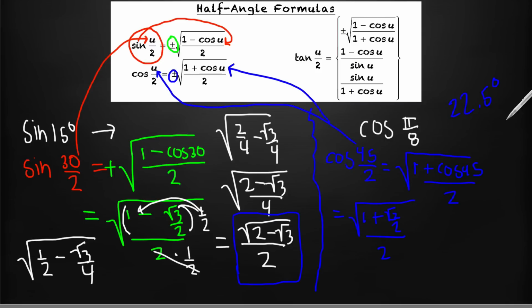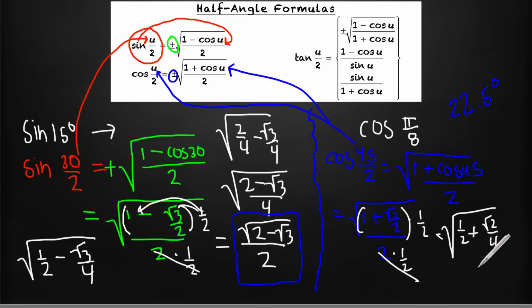And once again, we're going to multiply by 1/2, top and bottom. And you can see where this is going. So you distribute the 1/2 in here, and you will get 1/2. This is going to cancel, plus root 2 over 4. This is going to be 2 over 4.